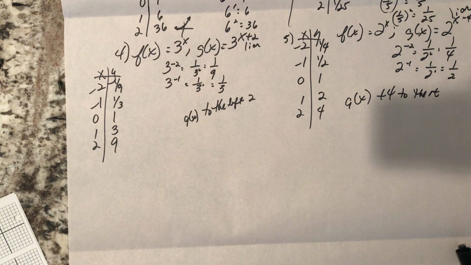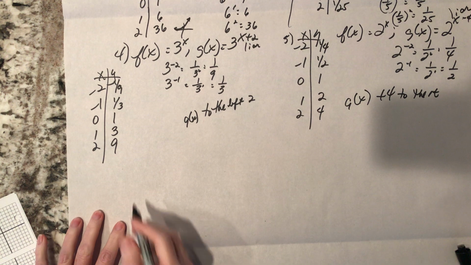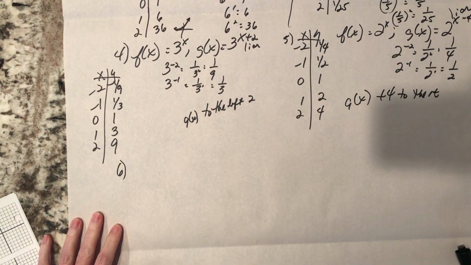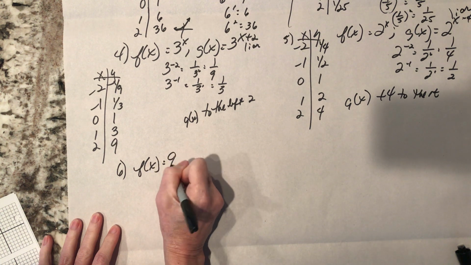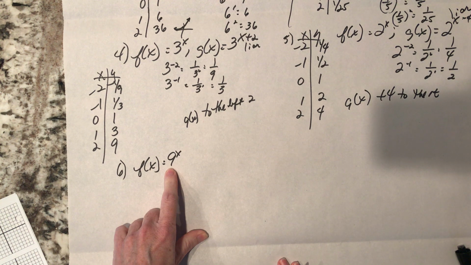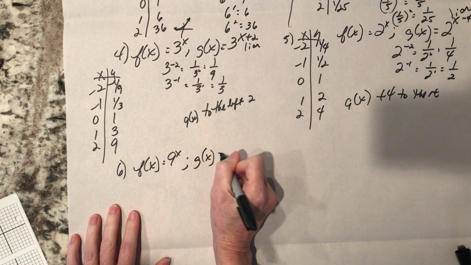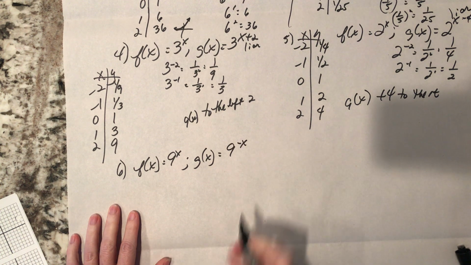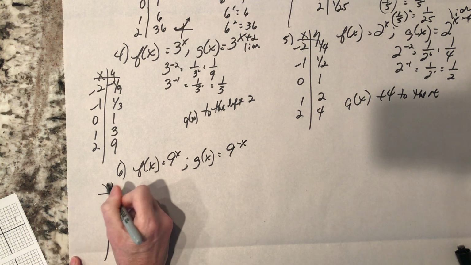Okay, let's look at one a little bit different. See what happens there. Number 6. F of x equals 9 to the x power, still an exponential function, but using 9, so it's going to be super steep. And then we're going to grab g of x, doing 9 to the negative x. Okay, set this up.